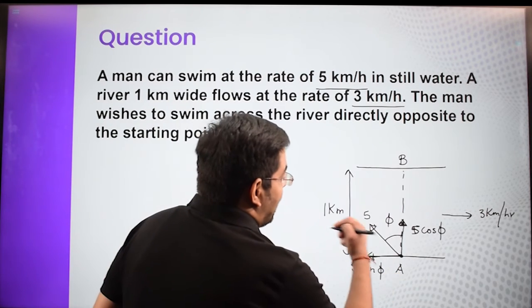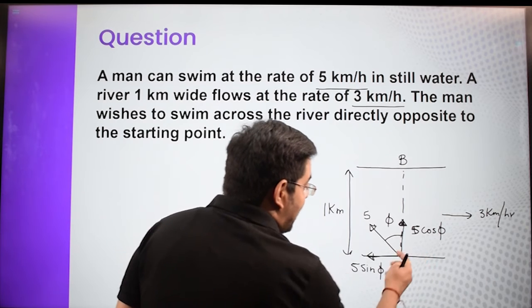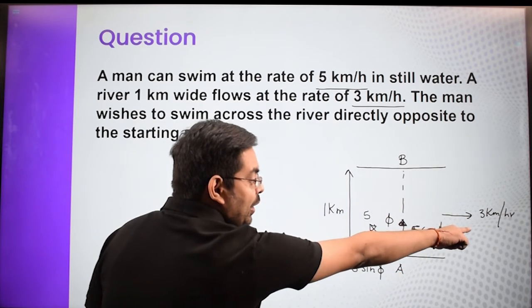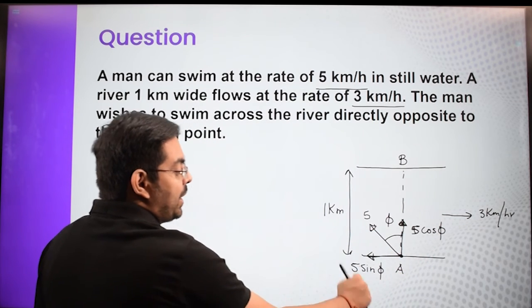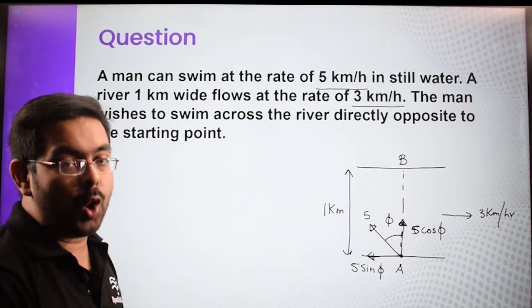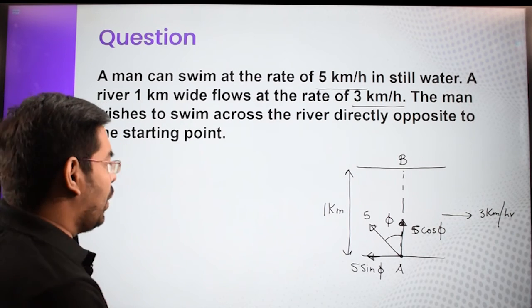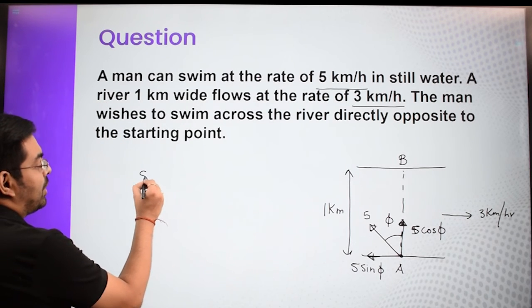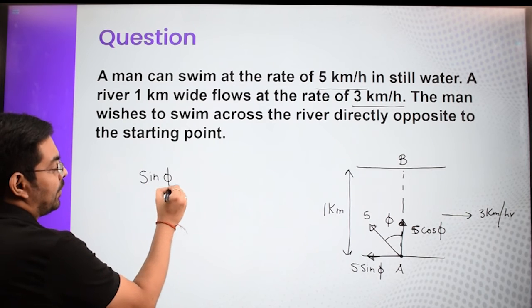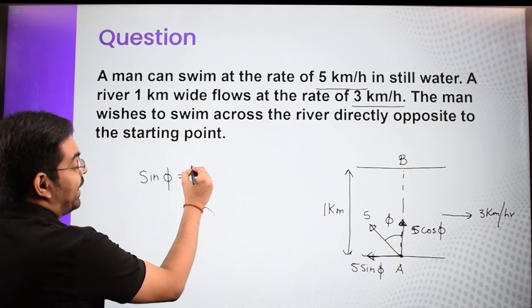देखो यहाँ पे क्या हो जाएगा? He should be able to cancel that 3 km per hour with his speed 5 sin theta, which is opposite to the river flow. Or directly we can use the formula that sin phi is equal to how much?